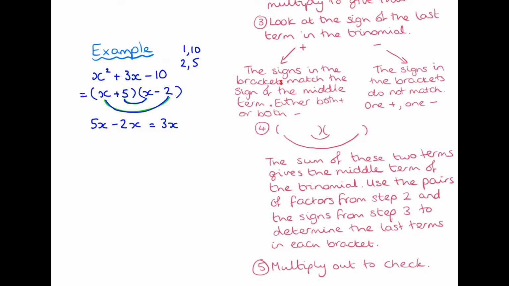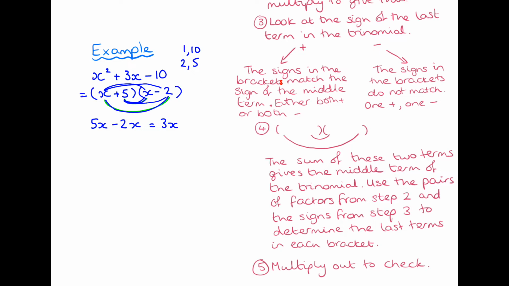So that's our answer there: x plus 5 times x minus 2. Okay, so we're following the same steps. We can multiply out to check, so we'd get x squared minus 2x plus 5x minus 10, and we know that that plus 5x and the minus 2x combine together to give us the plus 3x in the middle.